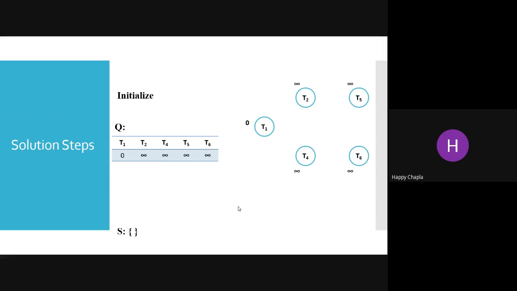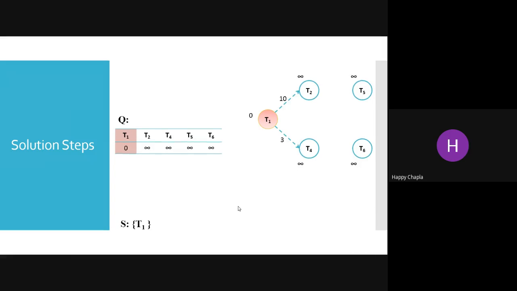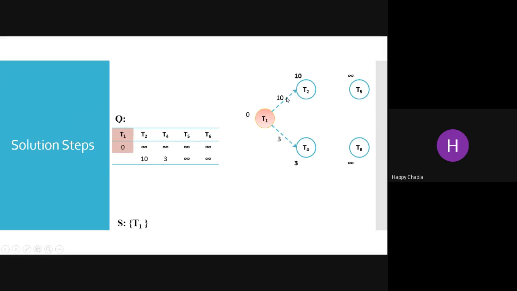Okay, now first, starting from T1, we have two adjacent values, that is 3 and 10. Which one is minimum? This one is minimum, so make it 3, and the next is 10.